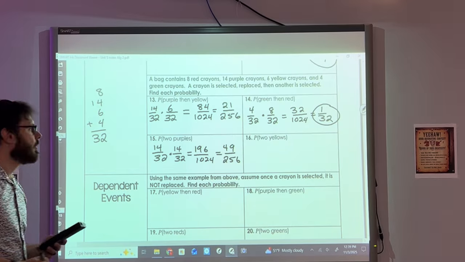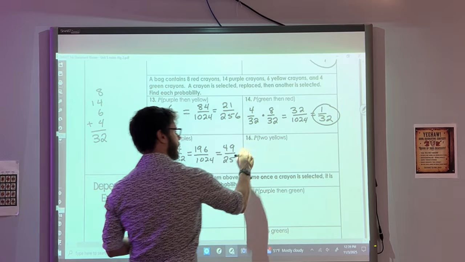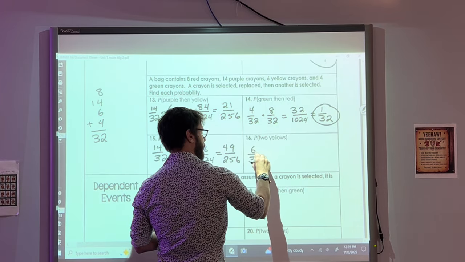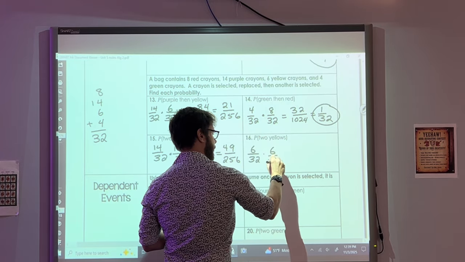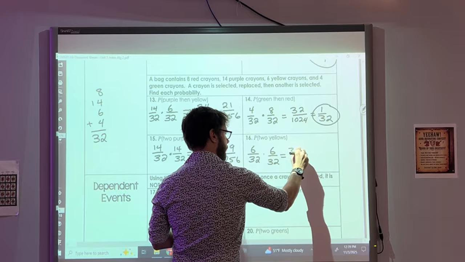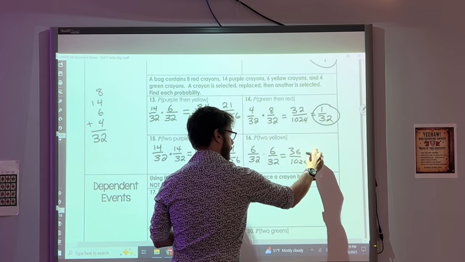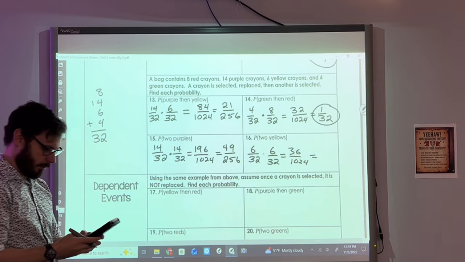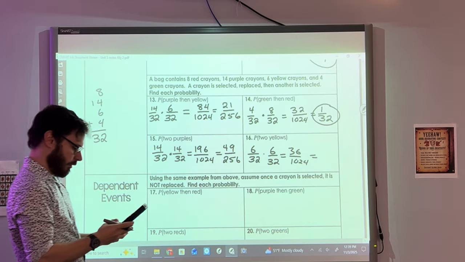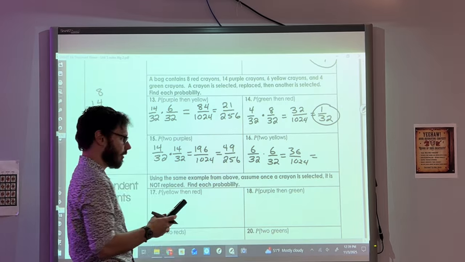Okay. And then 2 yellows. 6 out of 32, and then I put it back, so there's still 6 out of 32. 36 divided by 1024, math, enter, enter, 9 over 256.